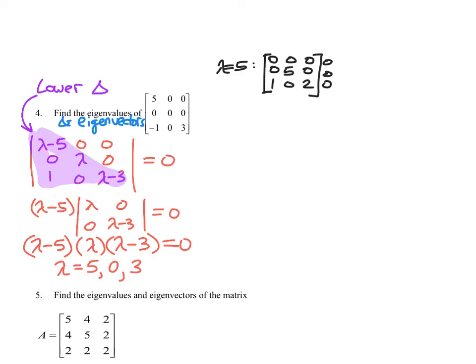But there's no need to do it by hand. You could just do it in the calculator. But I'm going to set up all the homogeneous equations first. So negative 5, 0, 0, 0, 0, 0, 0, 0, 1, 0, negative 3.